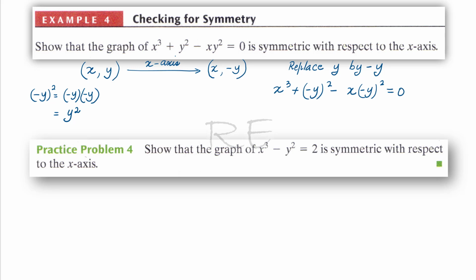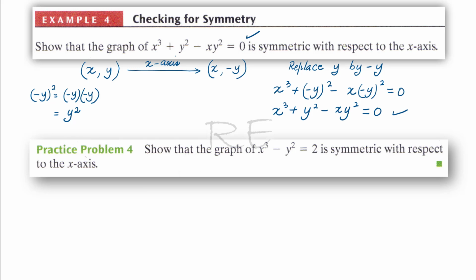Both (negative y) squared are equal to y squared. So y squared minus x times y squared is equal to 0, and the function stays unchanged. Therefore, it's symmetric about the x-axis.